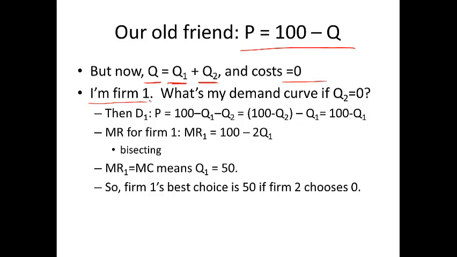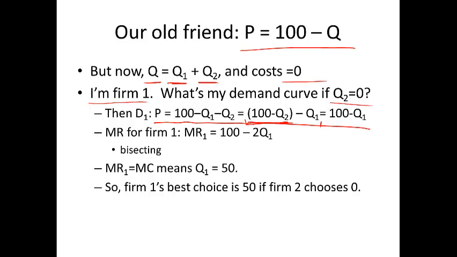First question I want to ask is, what's my demand curve if the other firm, firm 2, produces 0? Well then, the demand curve for firm 1 is as follows. P equals 100 minus Q1 minus Q2. So far, there's nothing new here except I've substituted Q1 plus Q2 for Q. But I can rewrite this in a useful way by defining the intercept on the P-axis as 100 minus Q2.